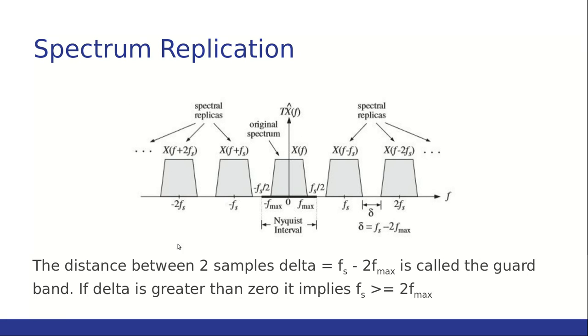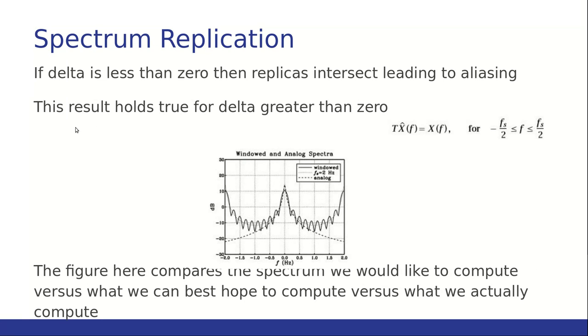So the distance between two replicas here, delta, is equal to fs minus 2 f max, and it is also called the guard band. If delta is greater than 0, it implies that fs is greater than or equal to twice the maximum frequency, thus satisfying the sampling theorem, and so we don't observe any aliasing. But if delta is less than 0, then replicas intersect, leading to aliasing.